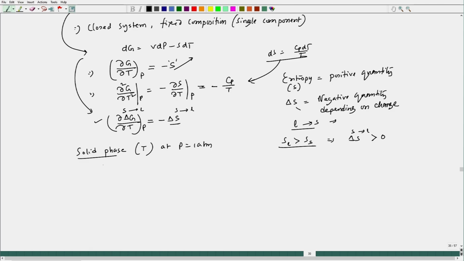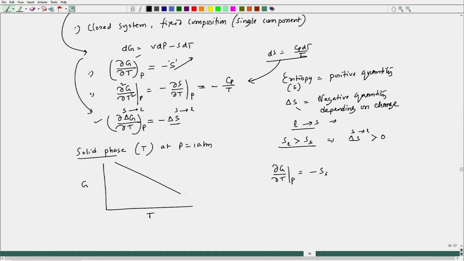So, how would the change vary? This is G as a function of T, and for solid, this would be minus SS.